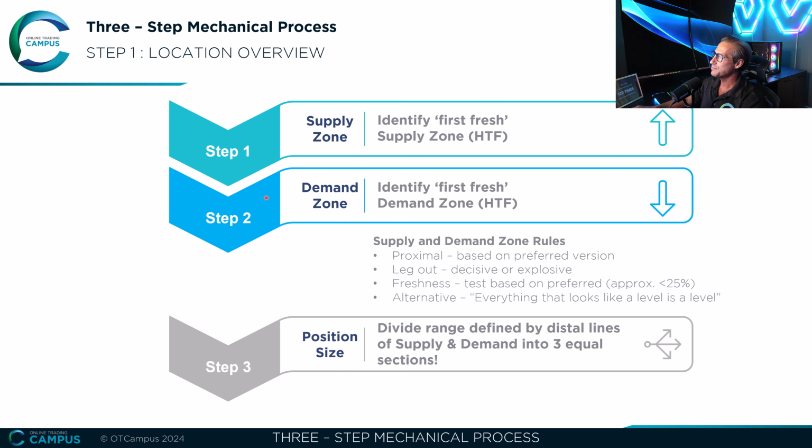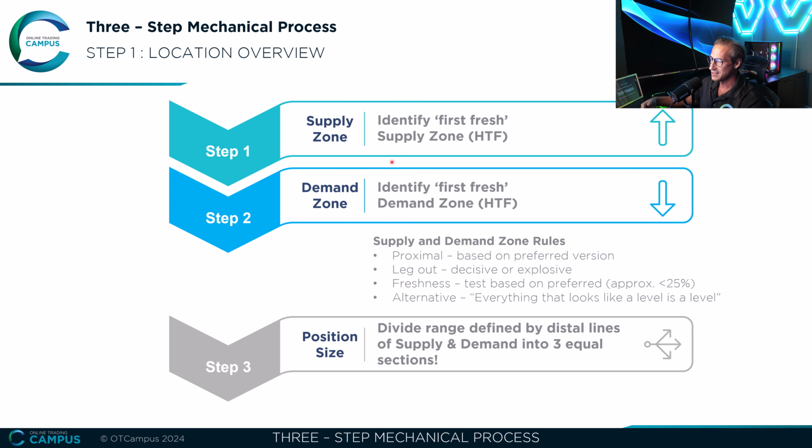Then step 2 is to identify the first fresh demand zone on the higher time frame. So these are your first 2 steps. You first identify supply, and the second step, you identify demand. And the zones have to be fresh. Freshness is one of our zone qualifiers.